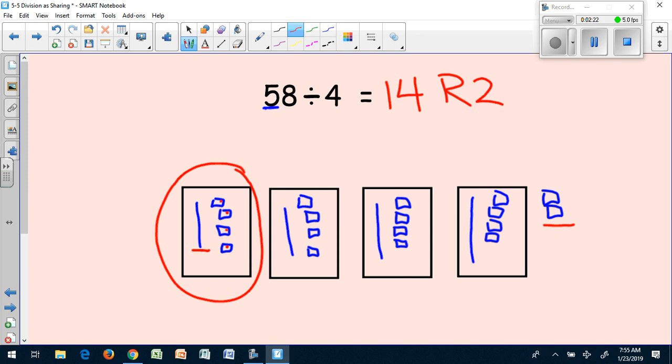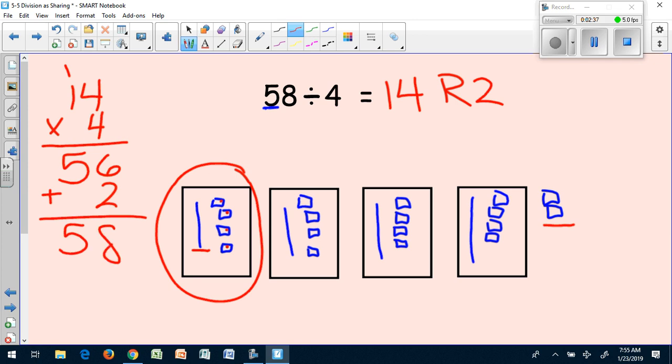And I can check this with multiplication easily. 14 times 4, my quotient and my divisor, will give me 56. And then I add my remainder. And that will give me 58, which should match my dividend. So 58 divided by 4 is 14, remainder 2.